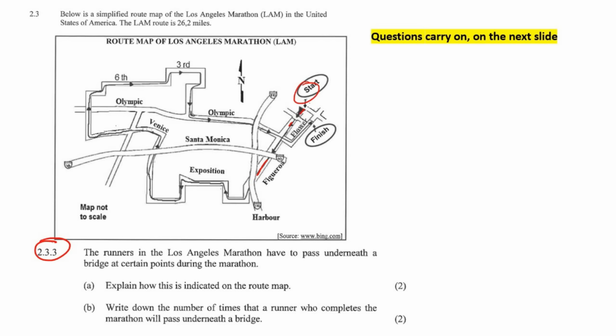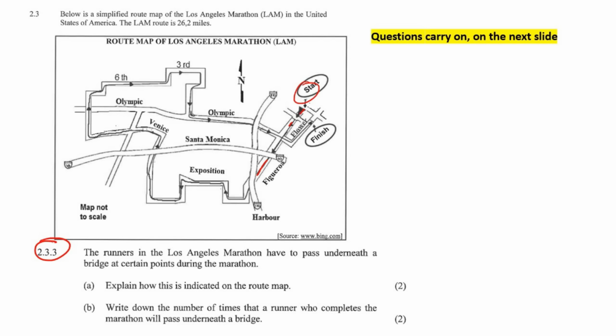So for example, there's a road, and then there's a road, and there's a road, and then what happens is that they draw like an arrow, and then they draw it like that. They don't draw it over.